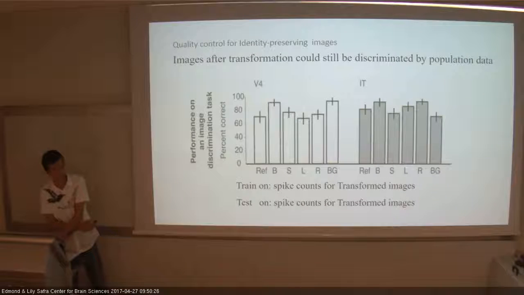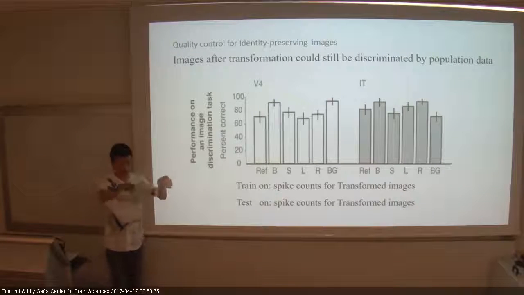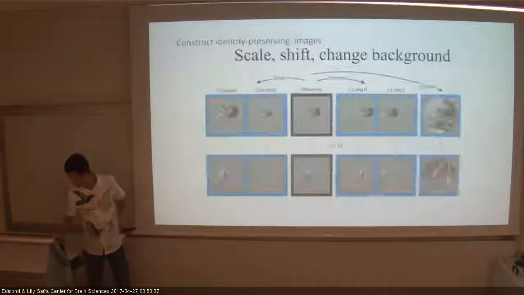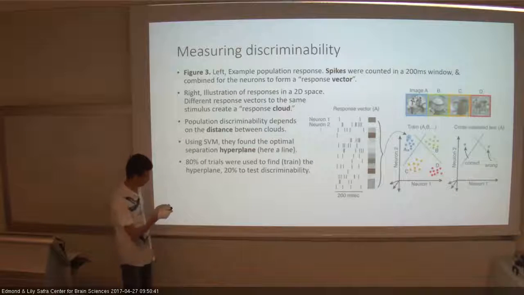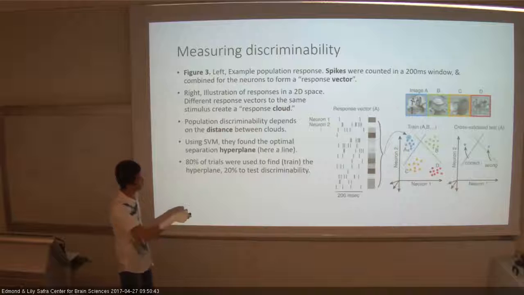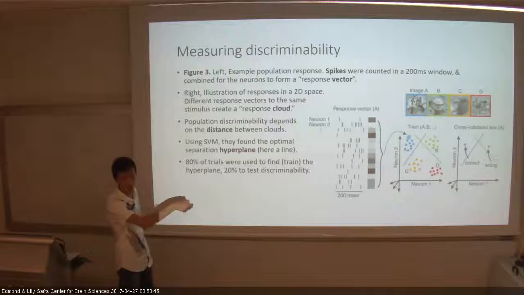I'm asking questions because I'm sort of preempting you, but please ask questions. If you don't, I will not ask any more questions. Population data, just as Ilan showed before, uses a lot of neurons to do the differentiation, so a lot of dimensions.